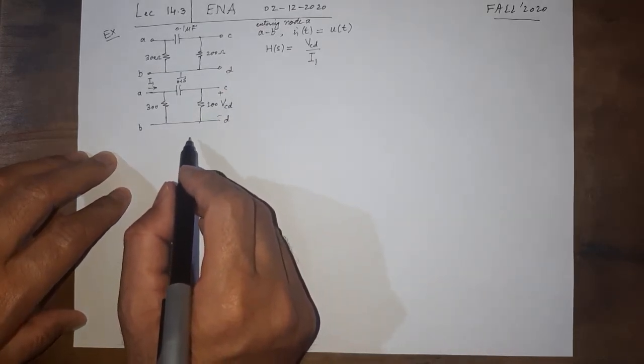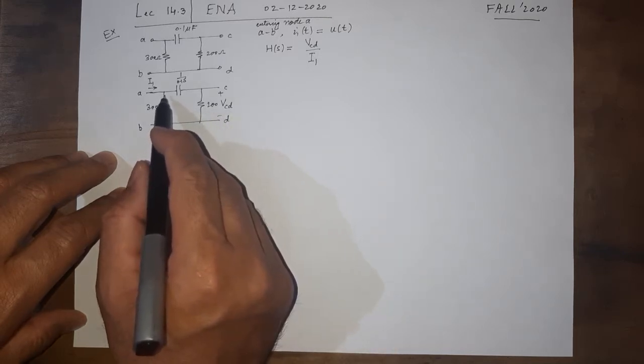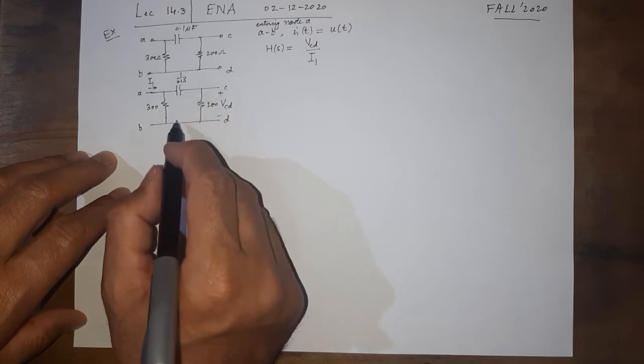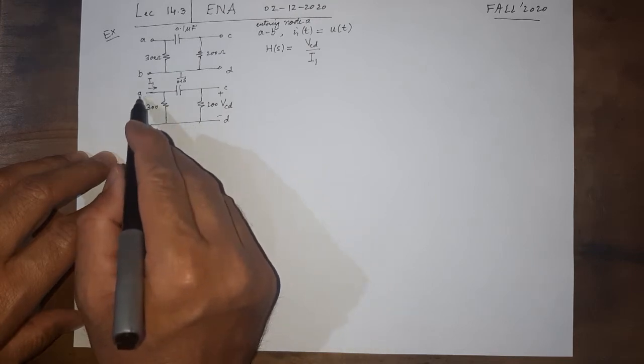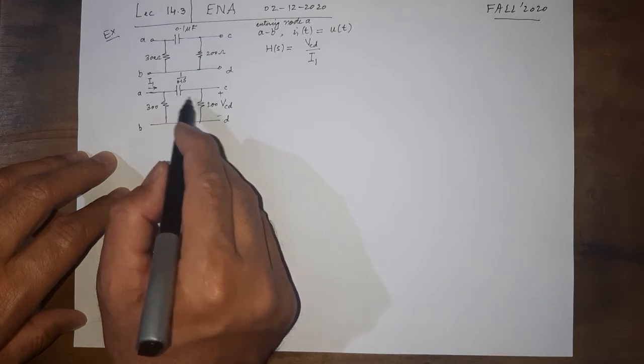Then in order to find this voltage, we can make use of the node voltage method and try to solve it, or we can use the current divider method and find this current that is going to flow.